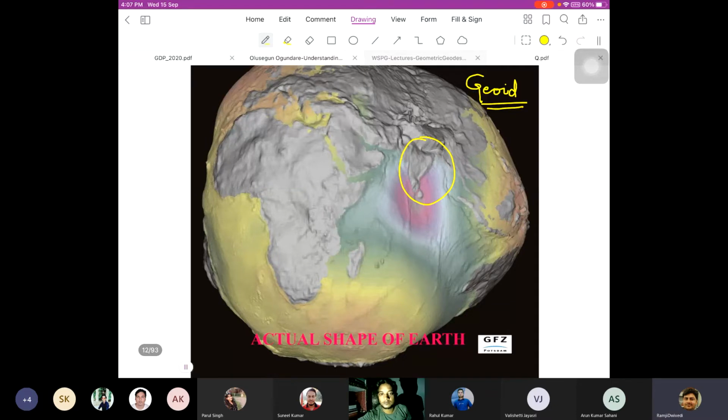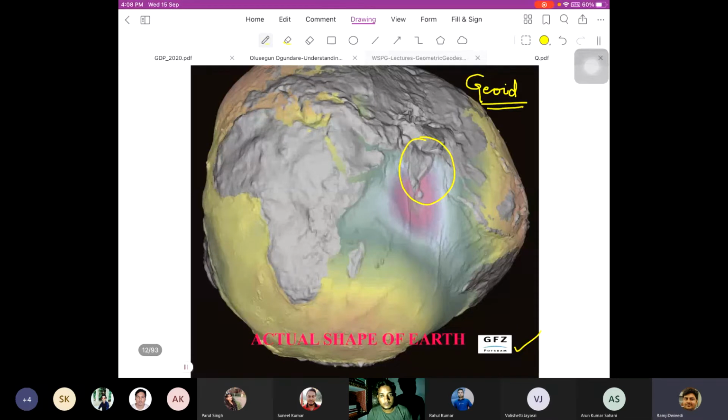How are we defining this surface as geoid? This kind of shape is represented by GFZ Potsdam, which is also known as the German Research Centre for Geosciences. They have prepared this figure of Earth with the help of gravity value estimation: how the gravity varies from place to place, and how the Earth would look if we join all these as a smooth surface.